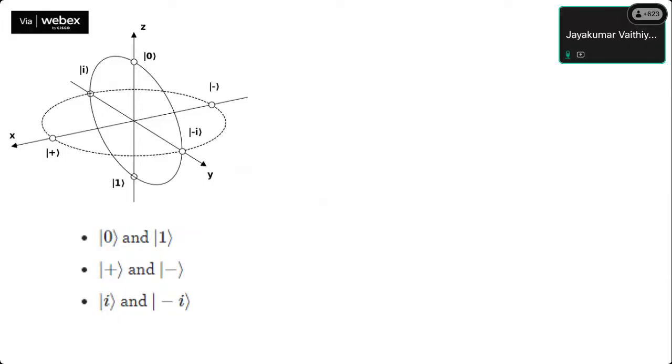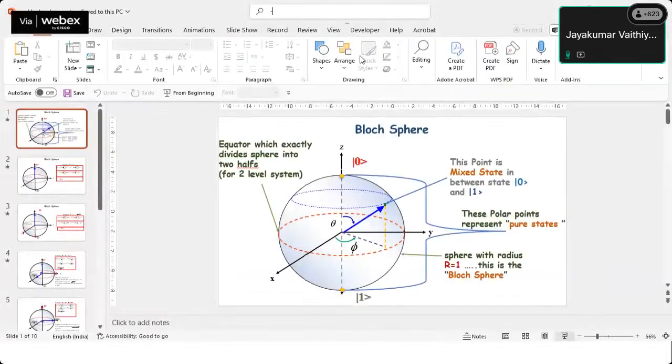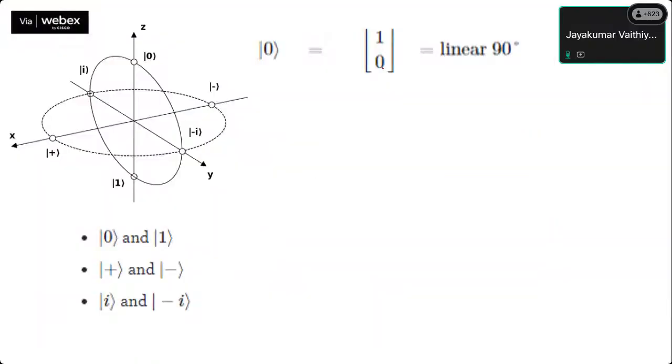I'll show this in the demo, just wait for a few minutes. So state 0, you can represent with 1, 0 as a matrix. This matrix is in the form of a column, a column matrix. Why 1, 0?